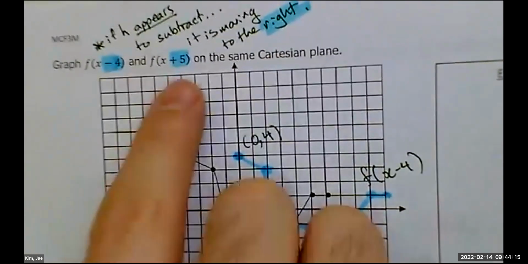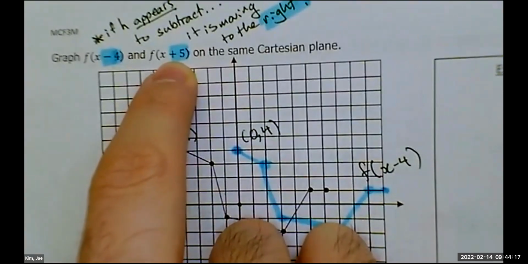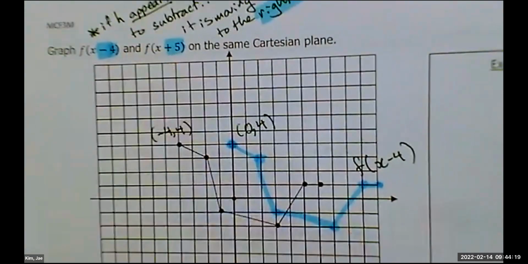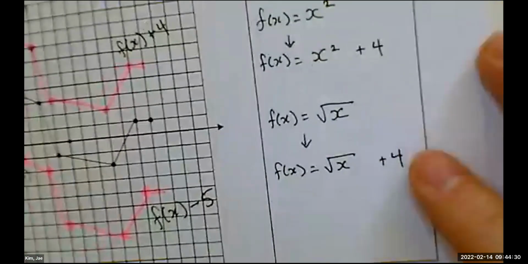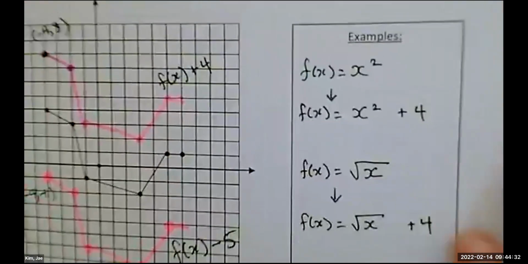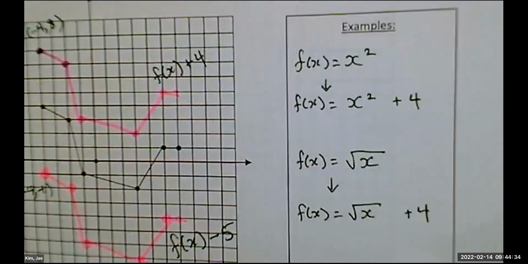That's the next one. Yes, Marie. Yeah, sure. For everyone else, would you try to do f of x plus 5? Remember, the sign, if it looks like a certain sign, then it's actually doing the opposite if it's within the function.